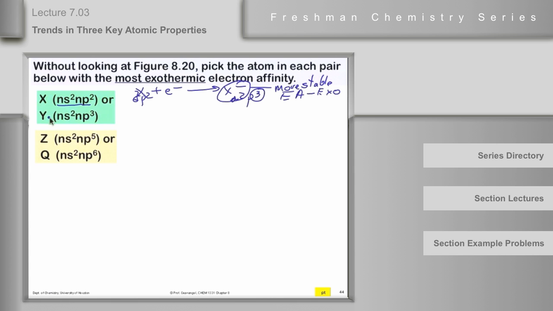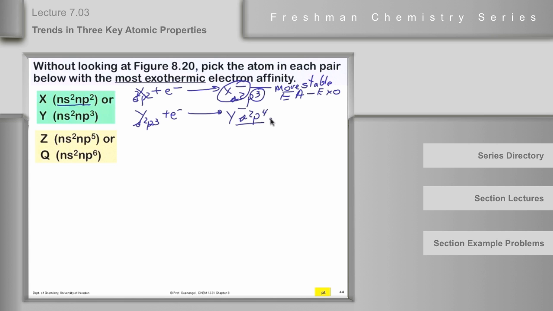If we look at Y, Y is S2P3 already. We add an electron to Y, we get Y minus, this is all in the gas phase, which would be S2P4, right?